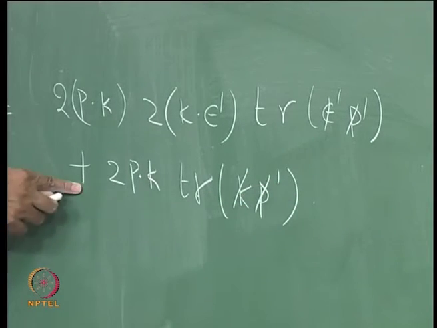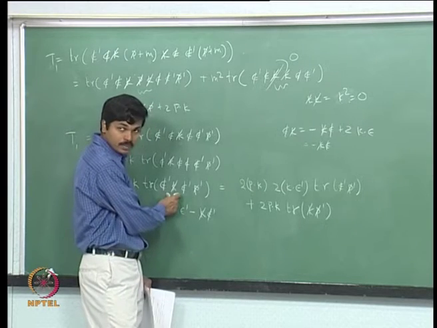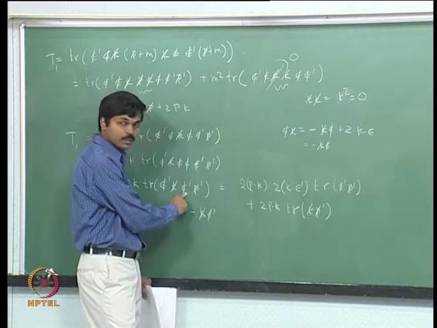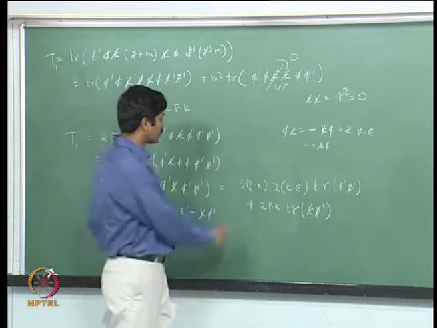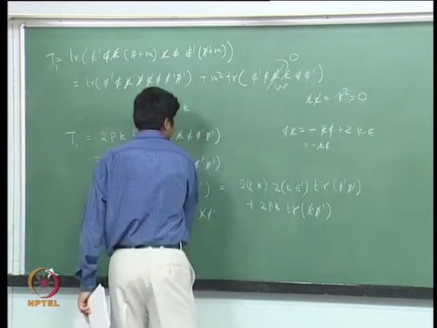This plus sign here, because there is a minus when this flips, and then there are 2 epsilon primes, which will give you minus 1, therefore, this is a plus. So, you have this.